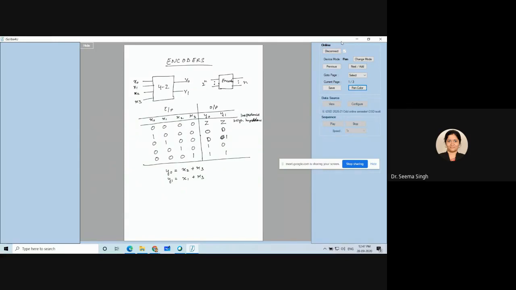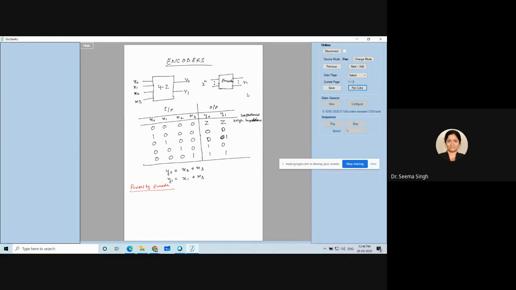Now priority means what? You can either give priority to LSB or you can give priority to MSB. If I give priority to MSB, it means I am giving priority to this X3 case. You can always write the truth table as X3, X2, X1, X0 also. Let me make it a different way so that you don't get confused. Priority encoder.